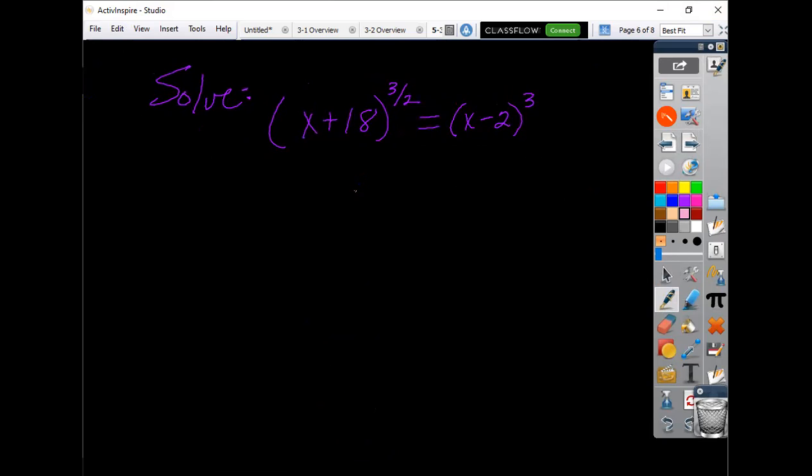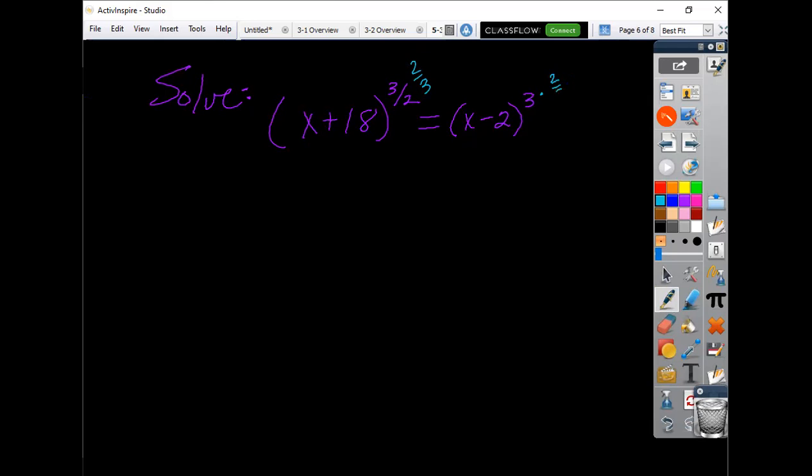It seems like if you could raise them to a certain power on each side of the problem, that would get rid of both exponents. So what I'm kind of thinking of there is if I raise this one to the 2/3, that's going to get rid of the 3/2.